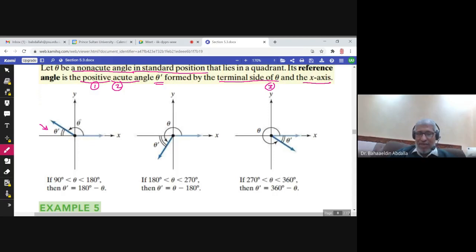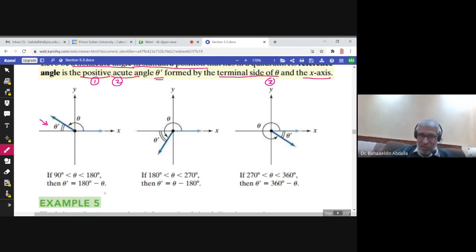If you know theta, how to find theta prime? In this case it would be 180 degrees minus theta. For example, if theta is 130, in the second quadrant, theta prime would be 180 minus 130.